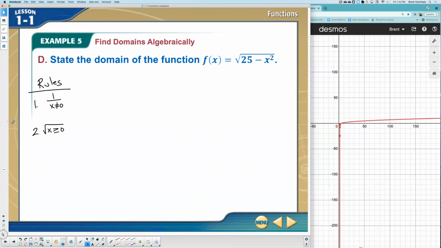Why will it not stay all reals? Because I have a square root. So you take the inside portion of the square root, 25 minus x squared, and I say that has to be greater than or equal to 0. That's step 1, is just getting your rule breaking portion with the correct inequality. Step 2.